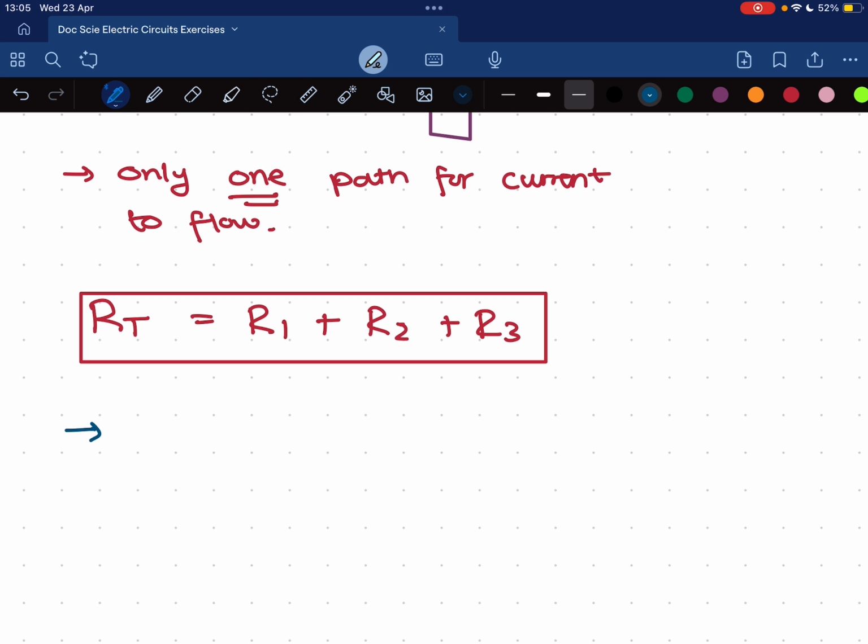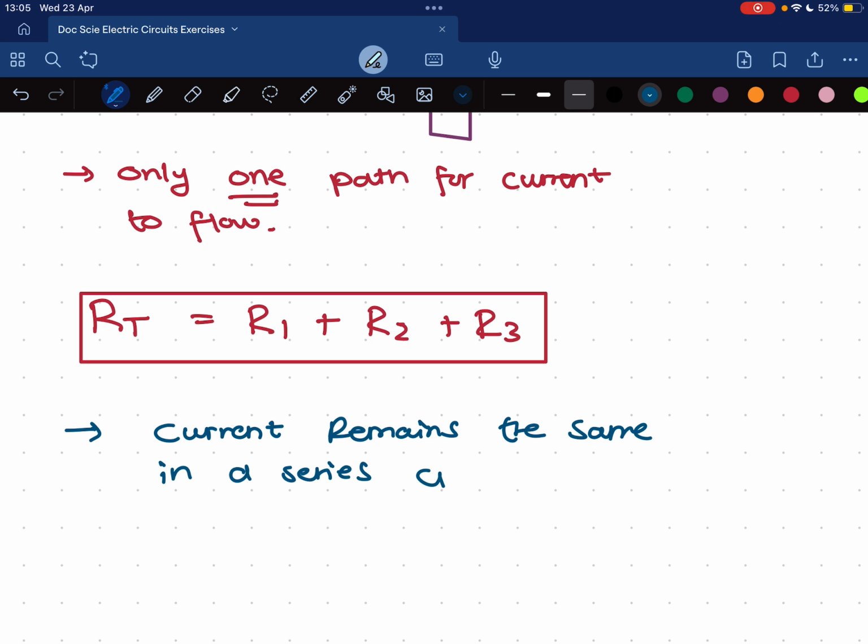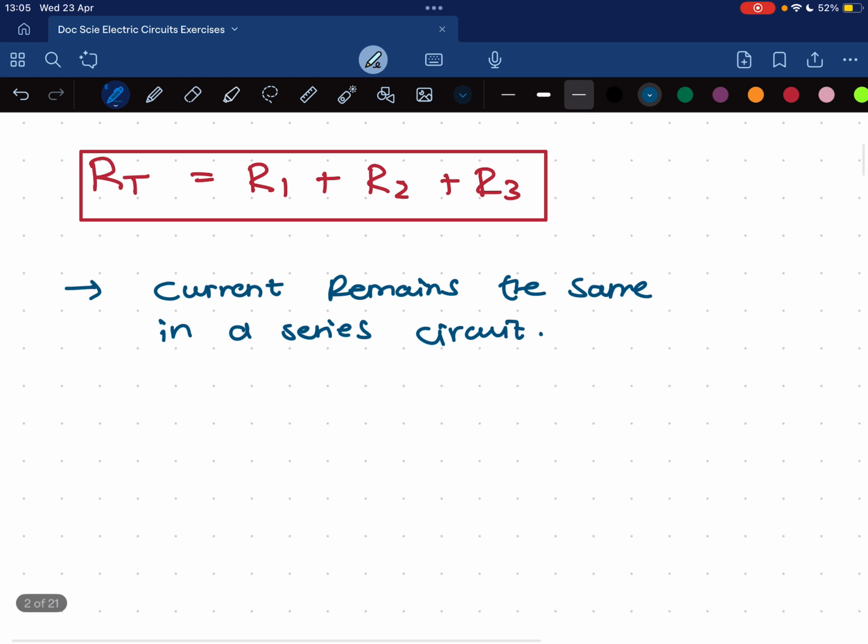So another important note here is that current remains the same in a series circuit. So that means that the total current is equal to the current at one point, which is equal to the current at another point, and so it keeps continuing.